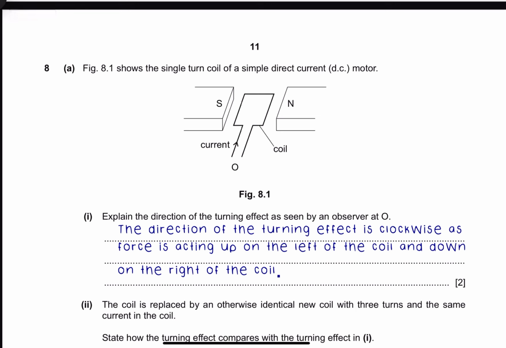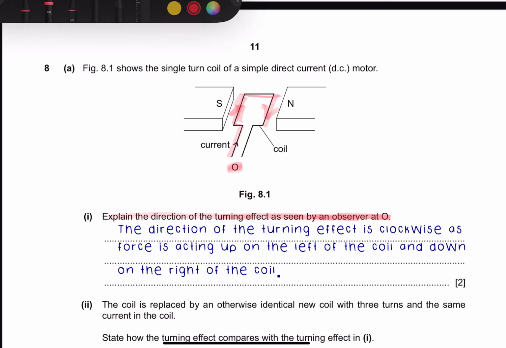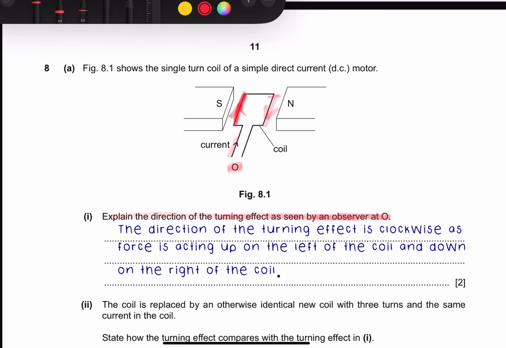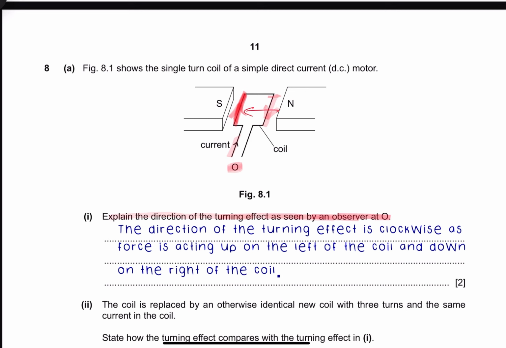In question 8, we have to explain the direction of turning effect as seen by the observer at O. This is the observer, and the current is going like this and from here like this. If on this side the direction of current is in this direction, the direction of magnetic field will be from right to left by applying the left hand rule.